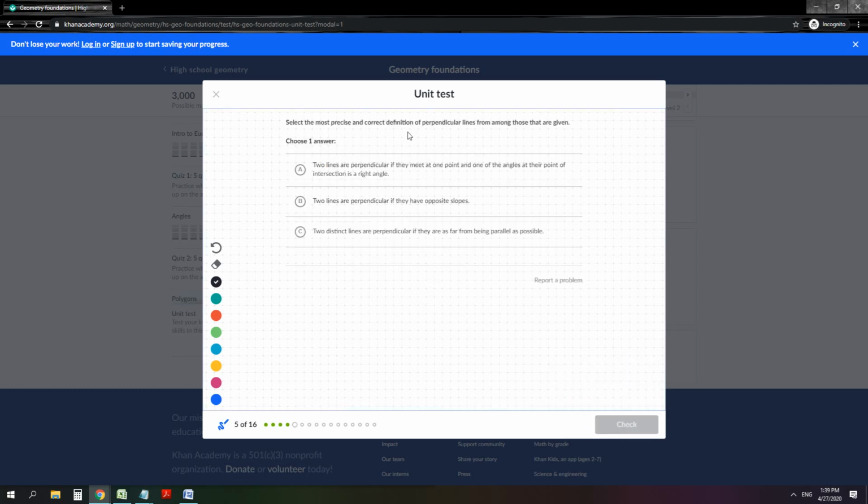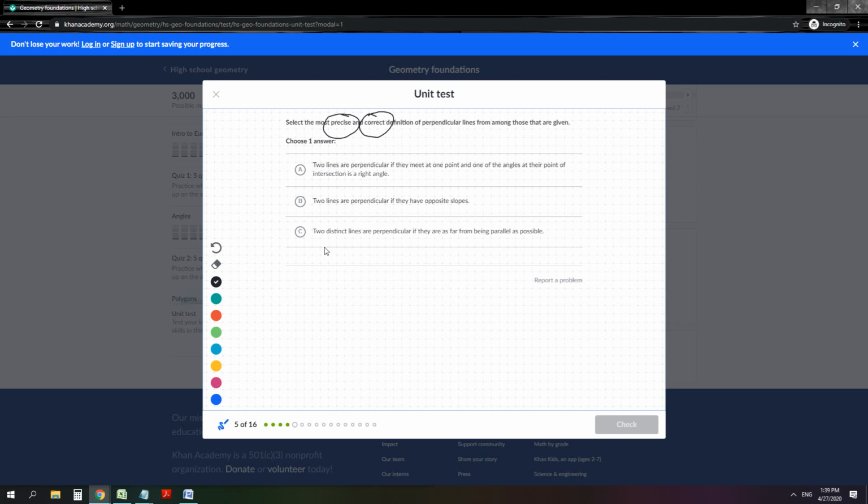Okay, select the most precise and correct definition of perpendicular line among those that are given. Notice right here that it says precise and correct. That means one of these might be technically right, but it might not be completely right.